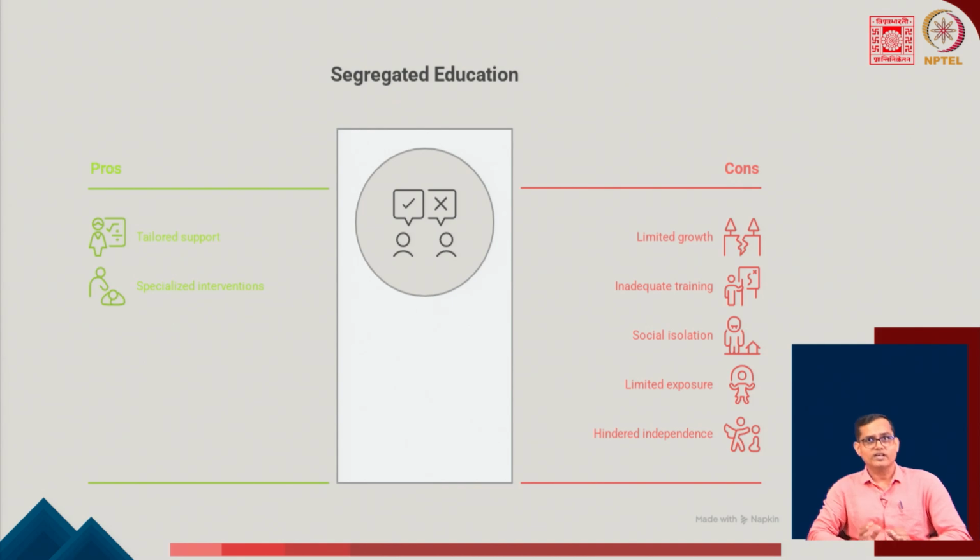There are some prospects and consequences of segregated education. As far as prospects of segregated or special education is concerned, we know that special education is the tailored support system that meet the learning needs of children with disabilities. This is the specially designed instruction where the support services, curriculum, teacher training, everything has been designed as per their needs.